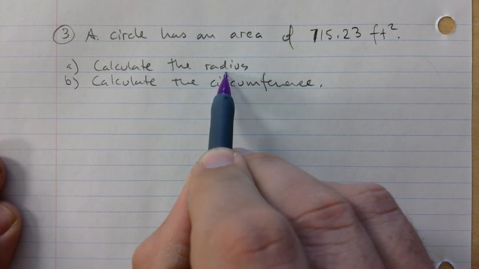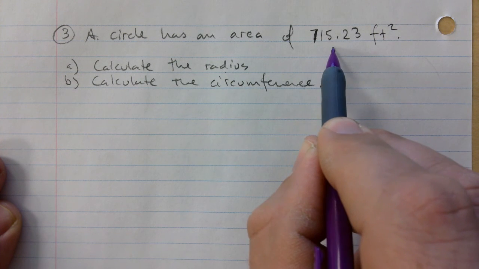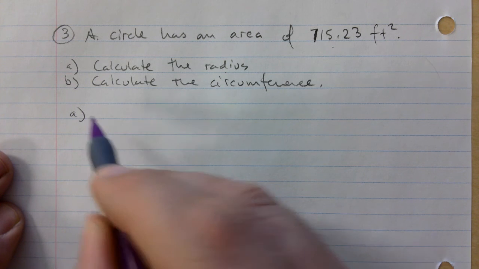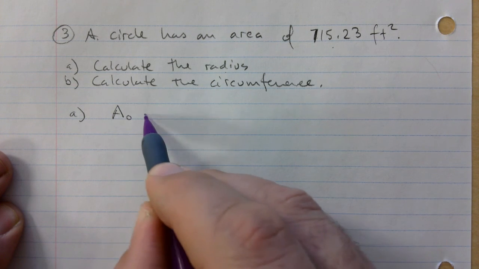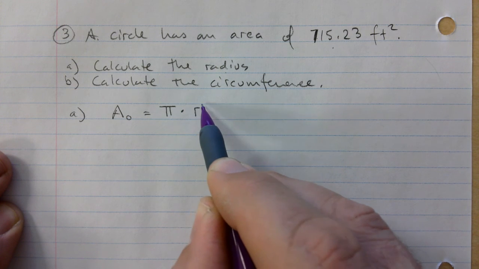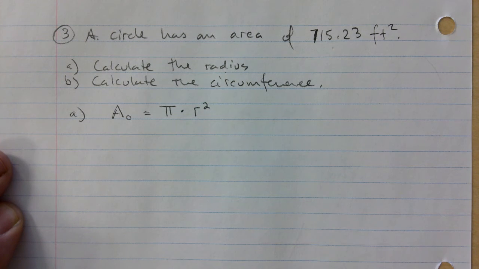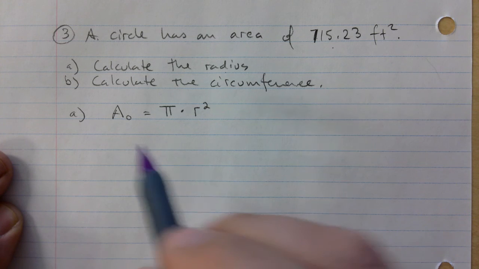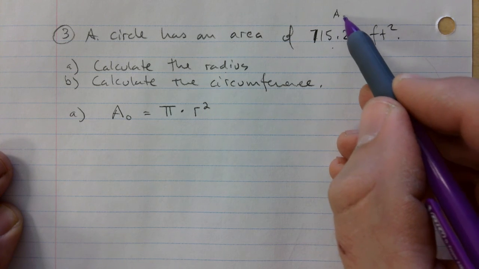Calculate the radius. So we know the area. So to start with A, we know that the area of a circle is pi times radius squared. I just spread it out a little bit. Okay. We know that this is the area of the circle.